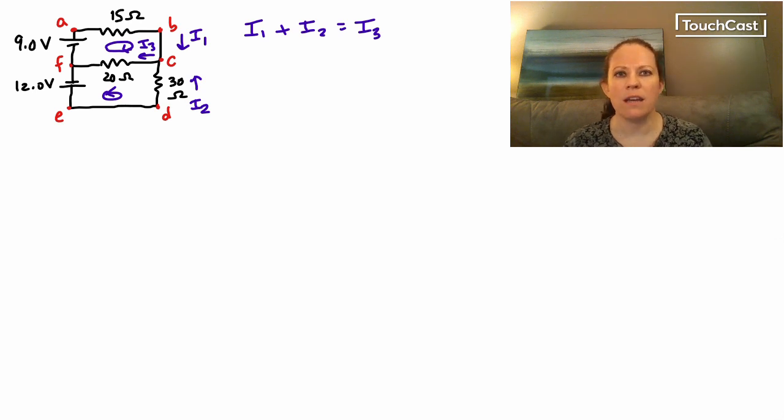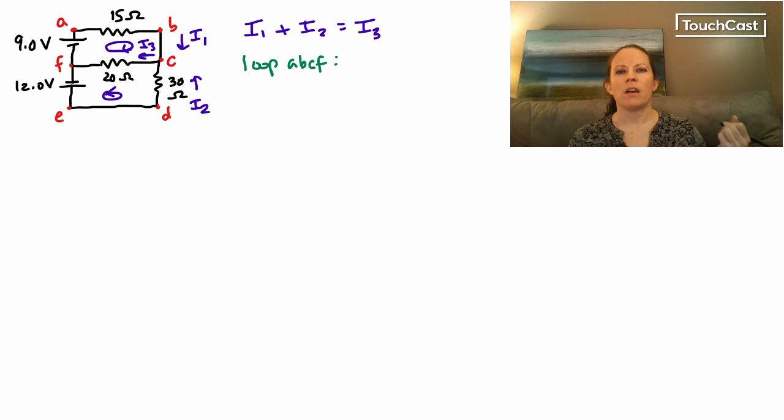So let's take now our top loop, ABCF, and set up our loop rule, which of course tells us that the sum of all the potential rises in a loop is equal to the sum of all the potential drops.